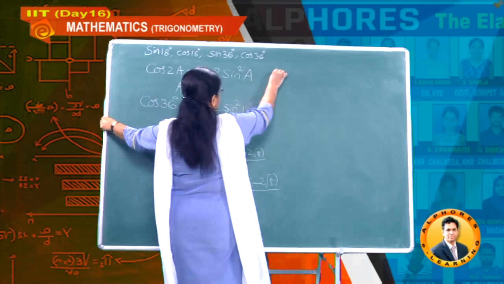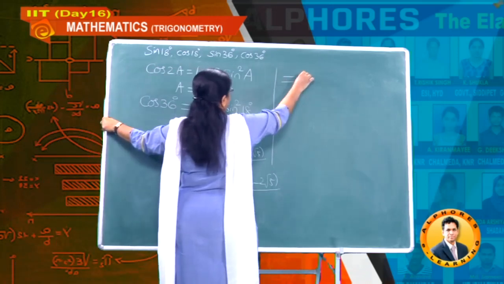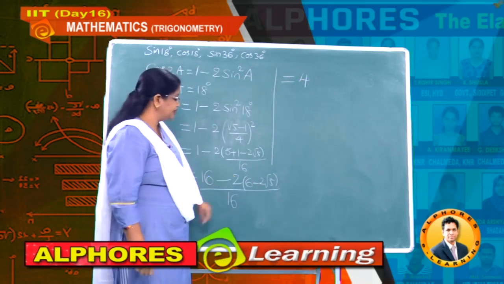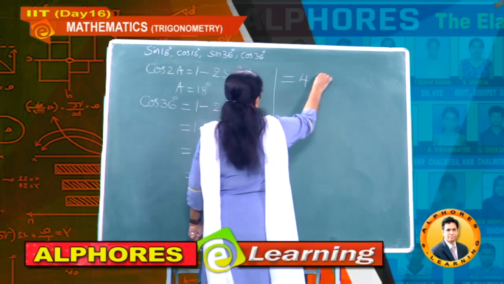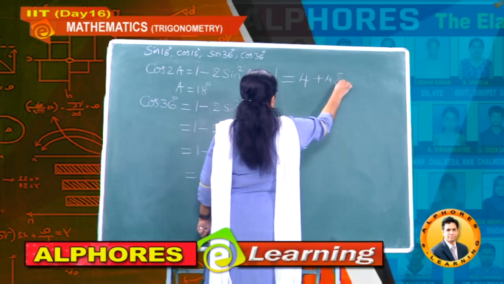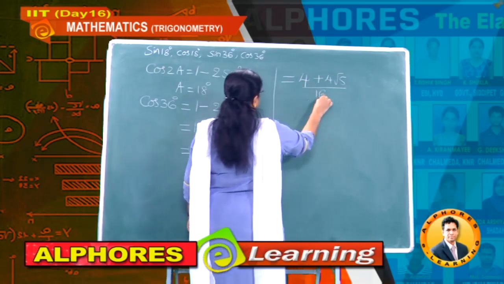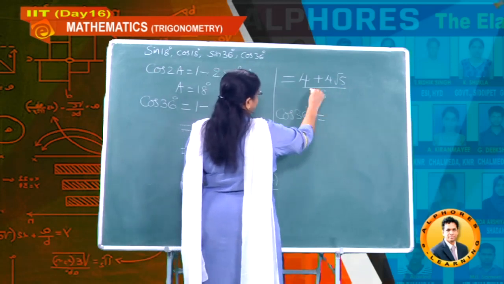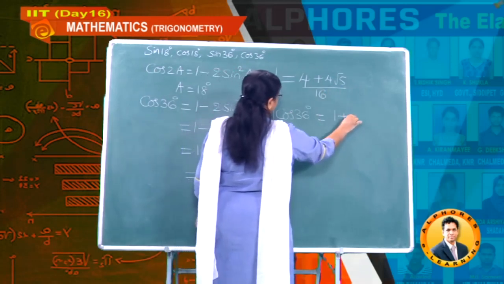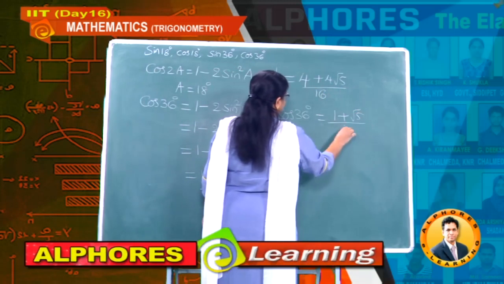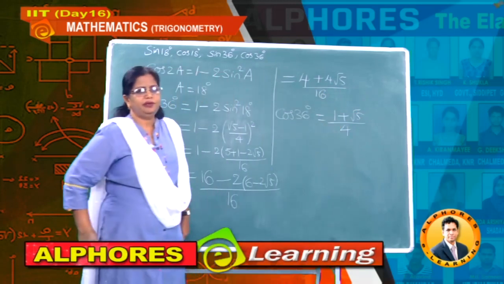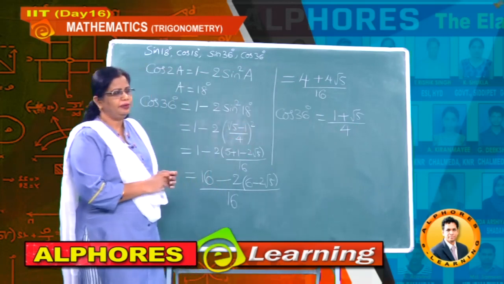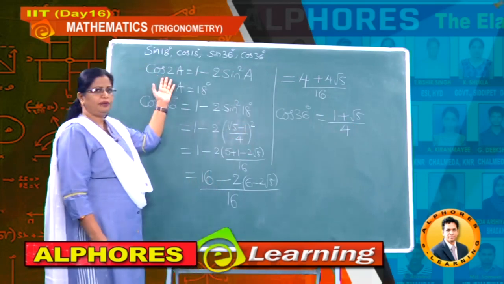So, 16 minus 12 you got the value as 4 and after that minus into minus plus, it is 4 root 5 and divided by how much you got here? 16, and thereby this side you have cos 36 degrees equal to 4, if you take common you got 1 plus root 5 divided by how much? 4.